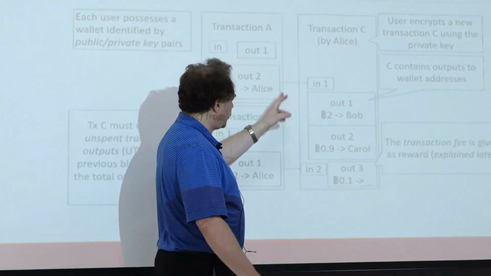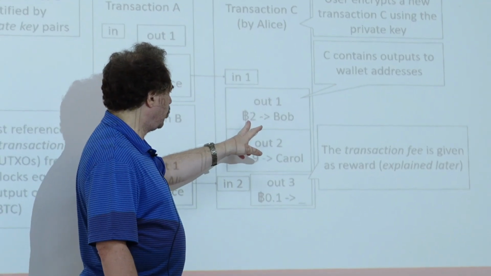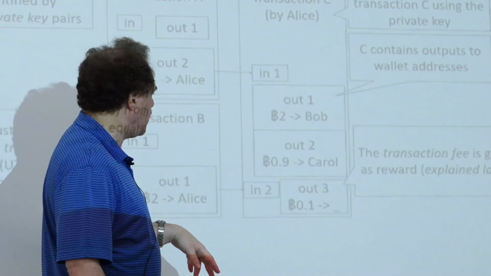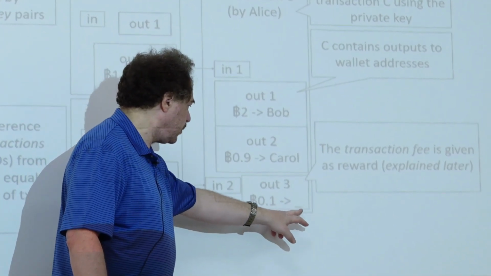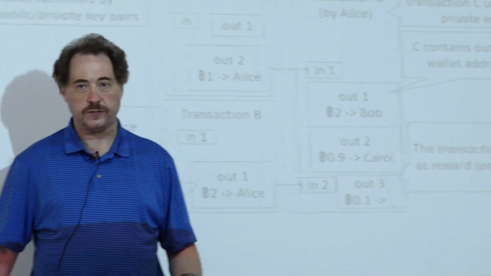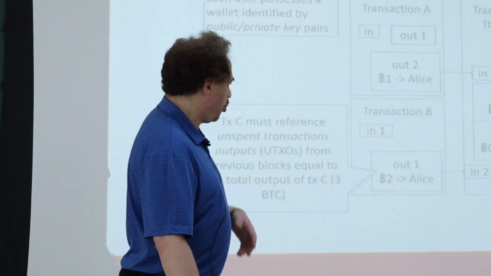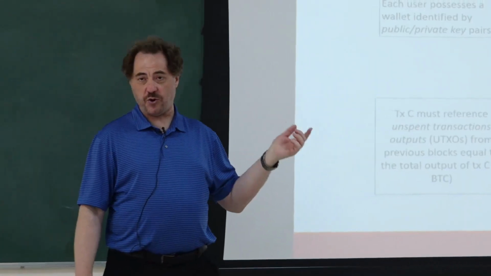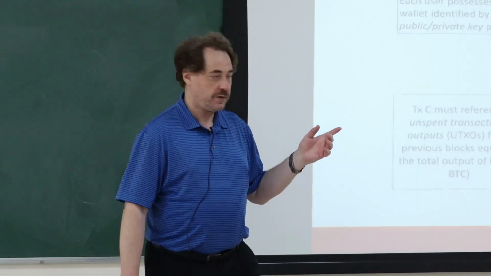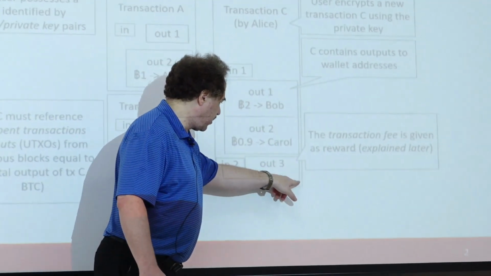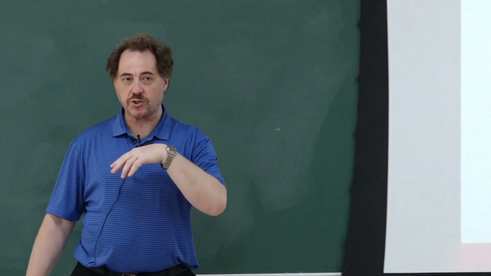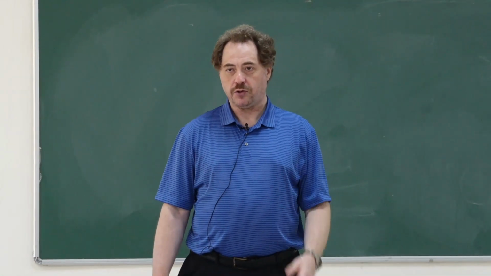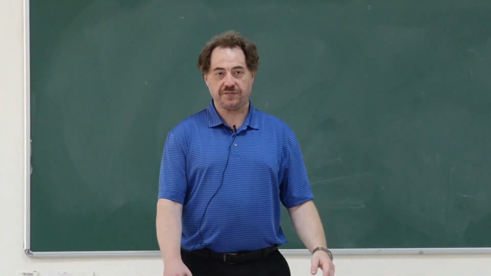So what does transaction C do? Transfers 2 Bitcoins to Bob, 0.9 to Carol, and 0.1 is a special transaction to pay the fee to whoever is going to mine the block. That's why the address is not specified here to whom it's transferred. Because at this point, when you create the transaction, you don't know which miner is going to include your transaction in the block. So you don't know to whom you are going to transfer the fee.